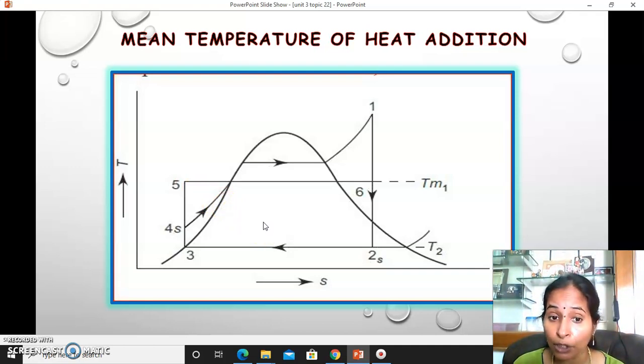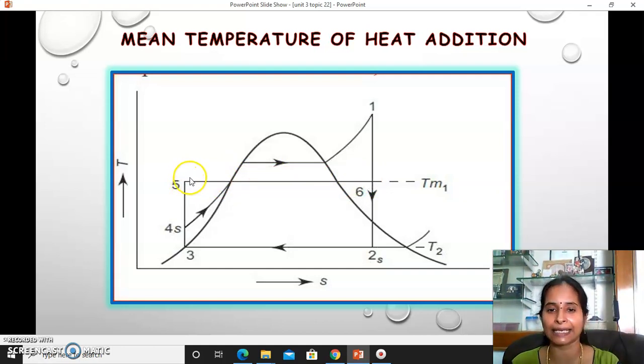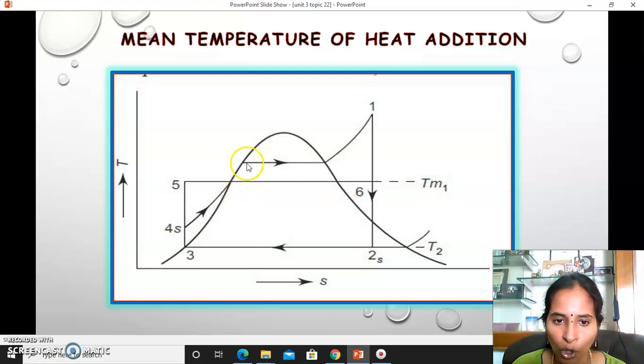In such a way you change this line, which can be taken as the mean temperature of heat addition in the Rankine cycle. You take the full area of the Rankine cycle and draw the Carnot rectangle so that the area covered by the Rankine cycle and the Carnot cycle are equivalent.